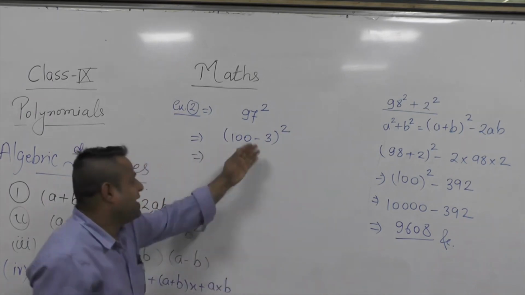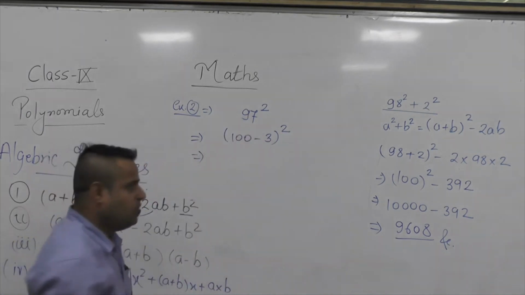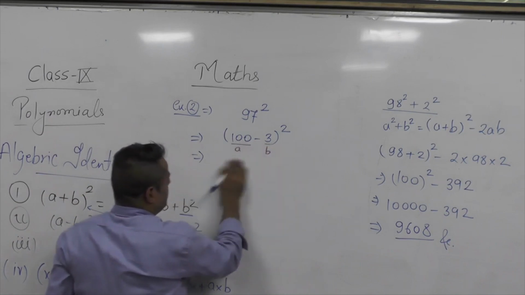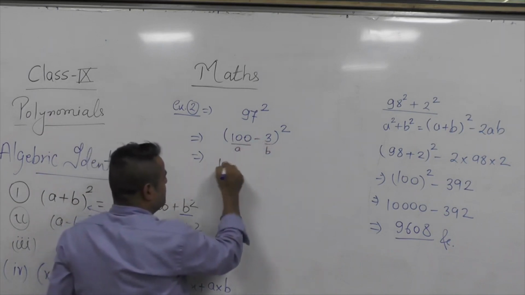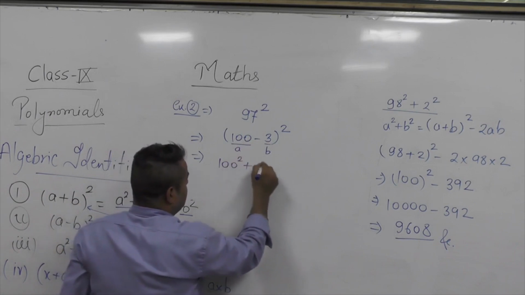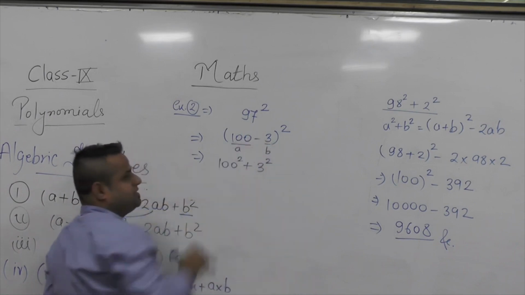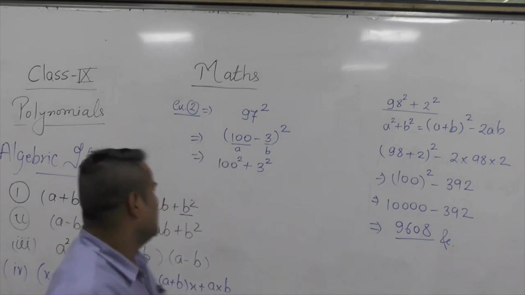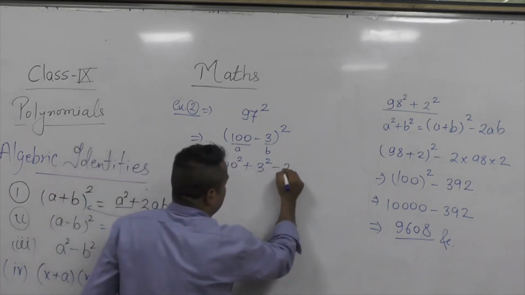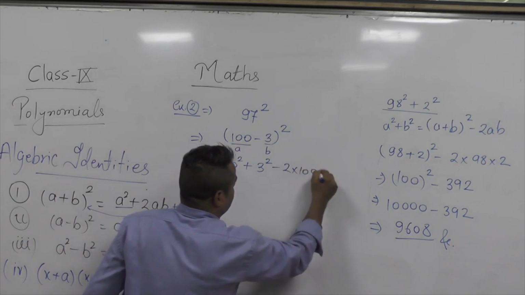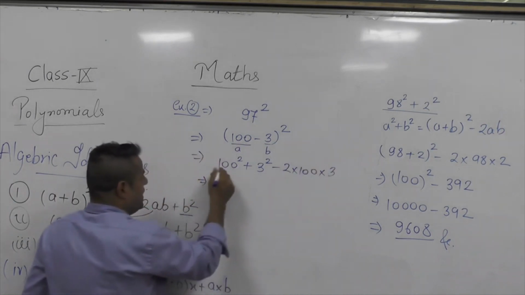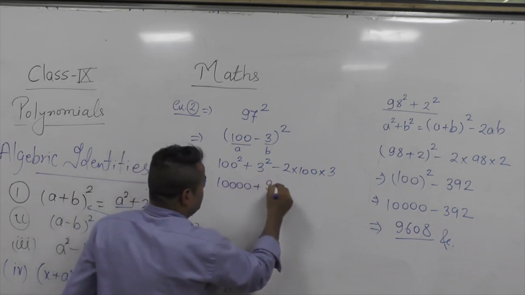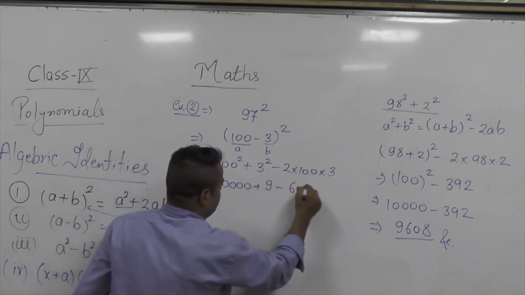Now we can apply the A minus B whole square identity. Our A is 100 and our B is 3. Now we are applying this identity. So, A square plus B square. Remember this 3 is negative, but when we square it, the negative becomes positive. Plus 3 square minus 2 into 100 into 3. 100 square again is 10,000, plus 9 minus 600.